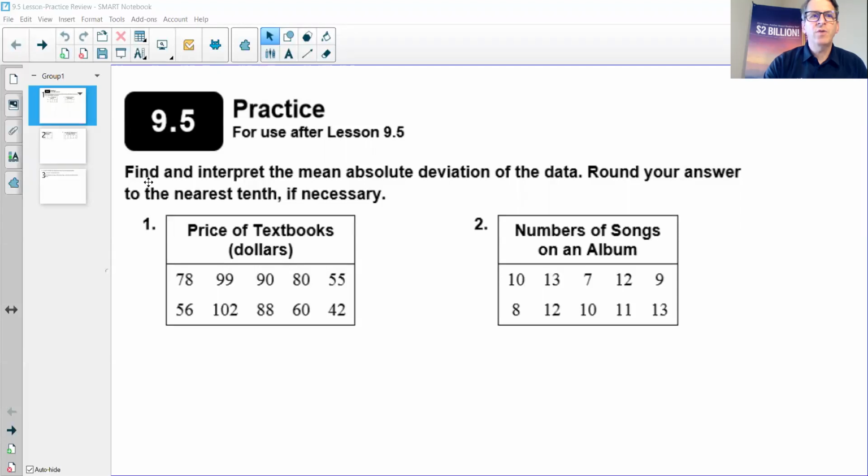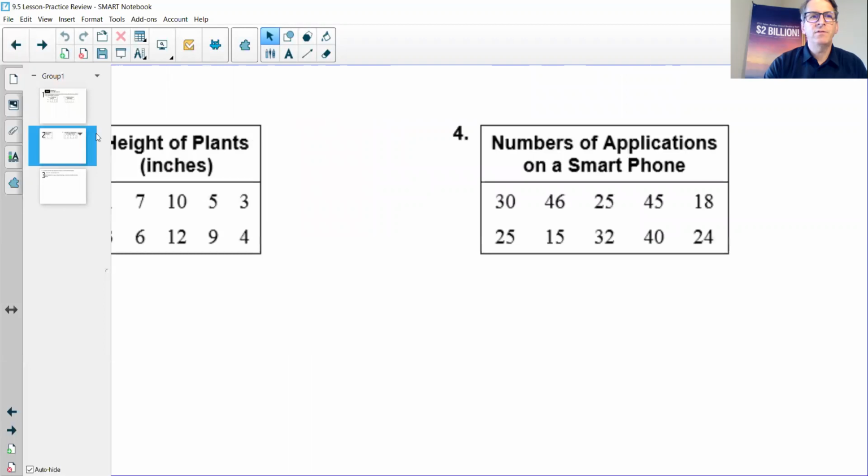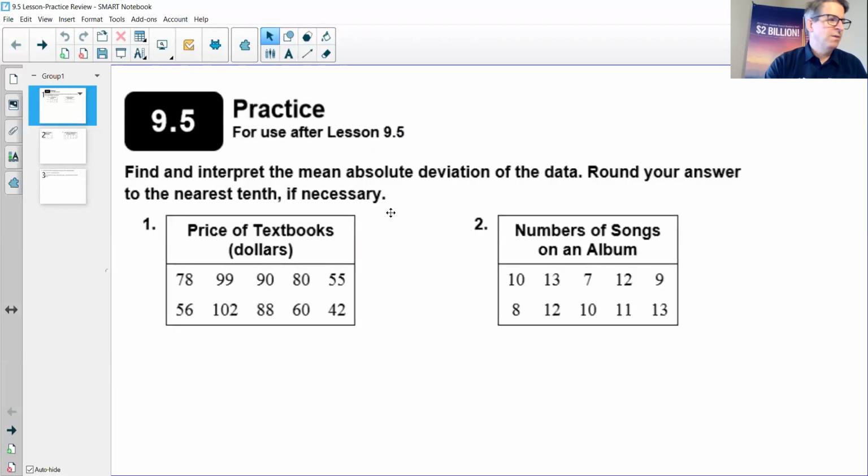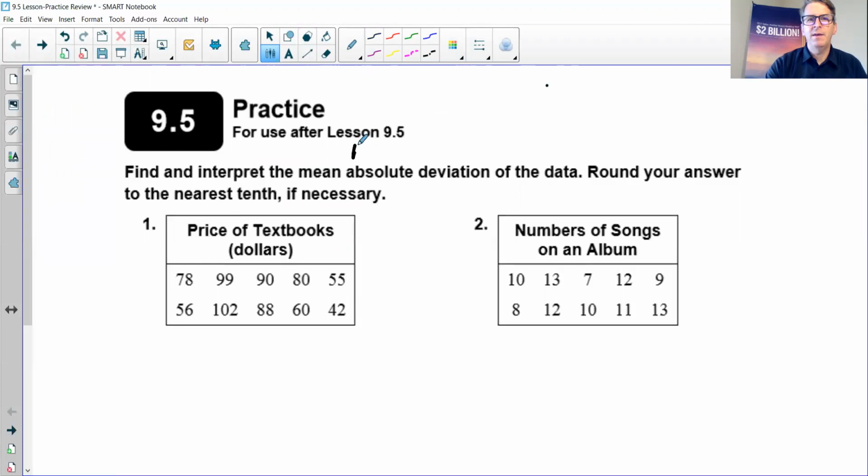So the first four questions, actually there's only 5 questions on the worksheet, but for the first 4, it says find and interpret the mean absolute deviation of the data. Okay, so now we called this MAD, mean absolute deviation of the data.